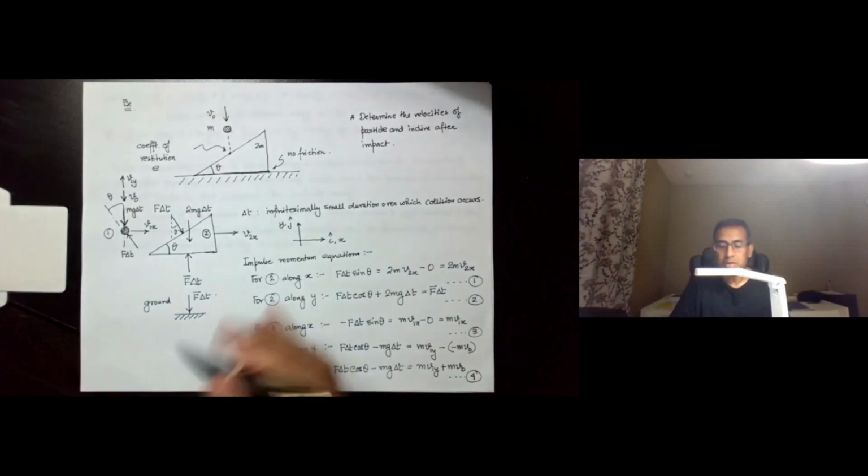So what we have to look for in problems like this is a direction where there is no restriction in motion. So in this case, the motion is unrestricted along the x-axis or in the horizontal direction, and so the conservation of linear momentum equation has to be written in this horizontal direction. And we have derived that.